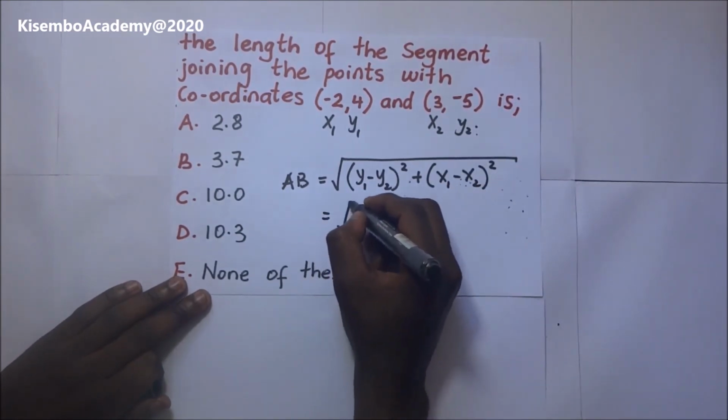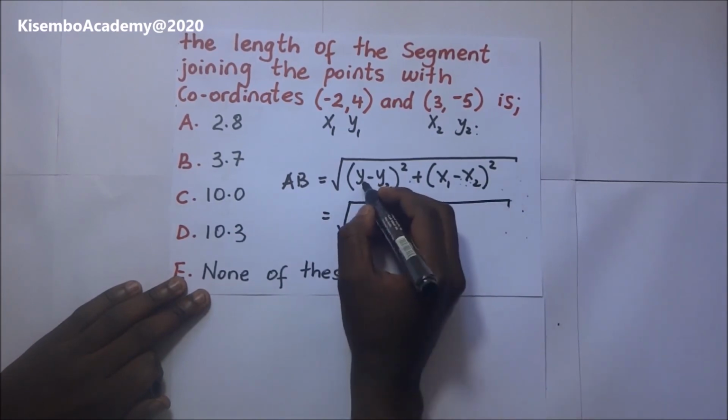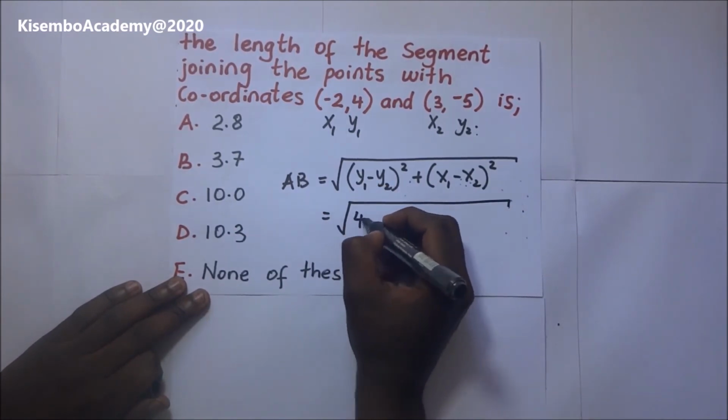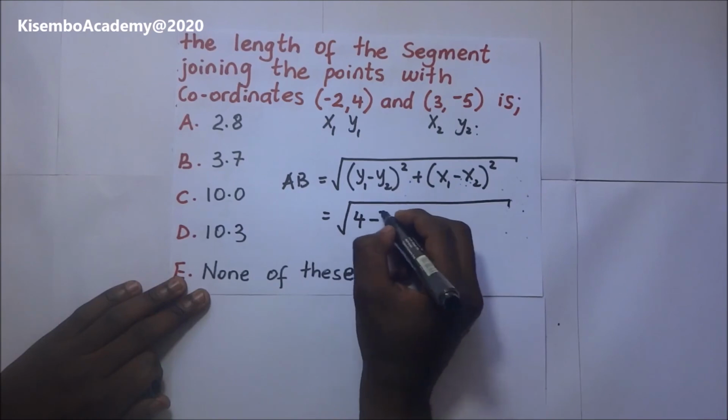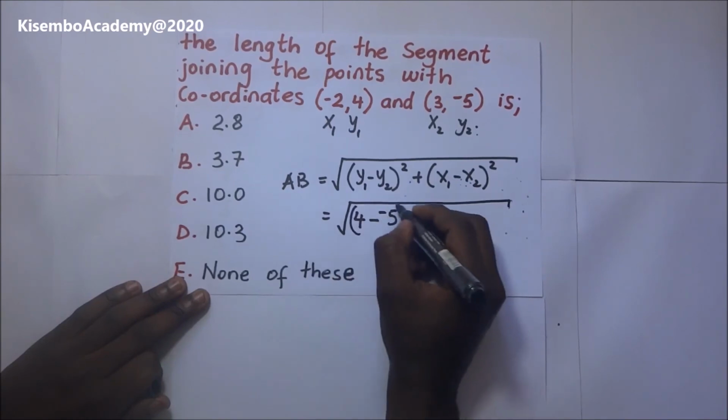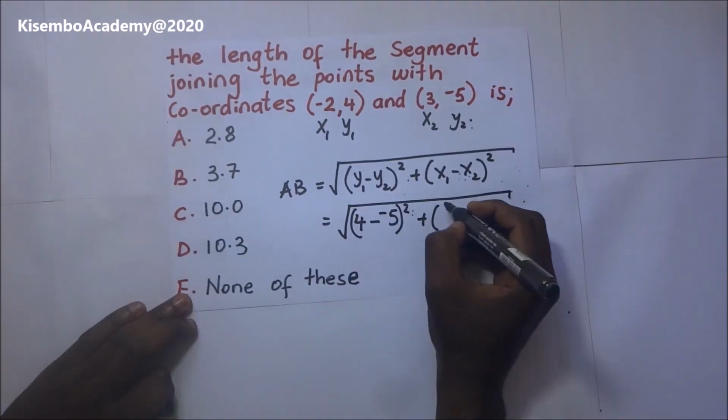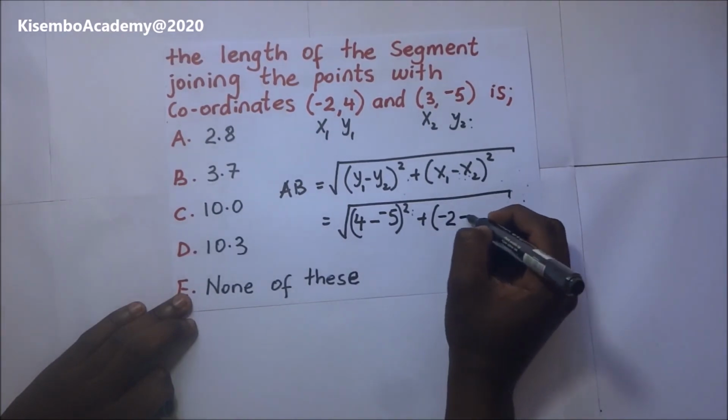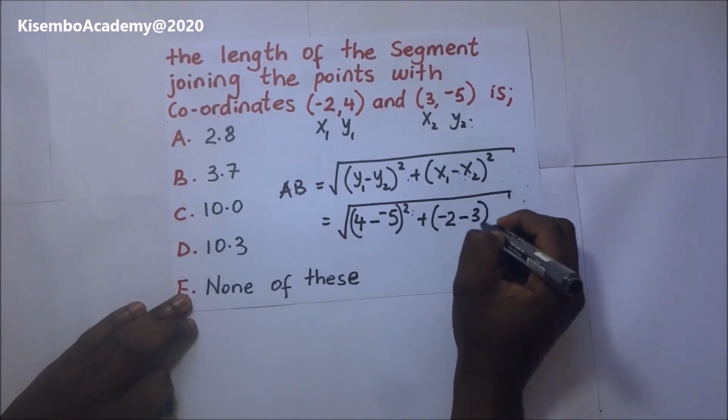This is going to be under the square root of y1, which is 4, minus y2, which is negative 5, this whole squared, plus x1, which is negative 2, minus x2, which is 3.